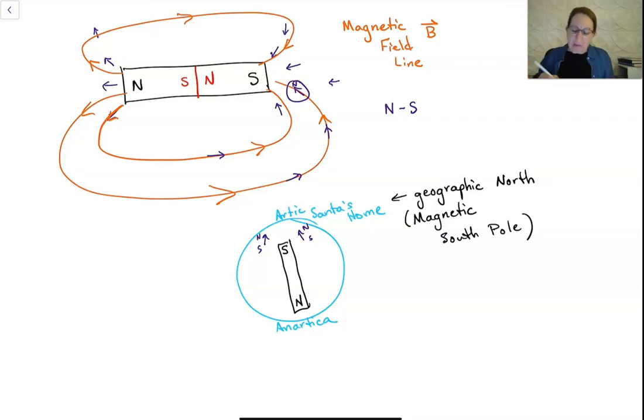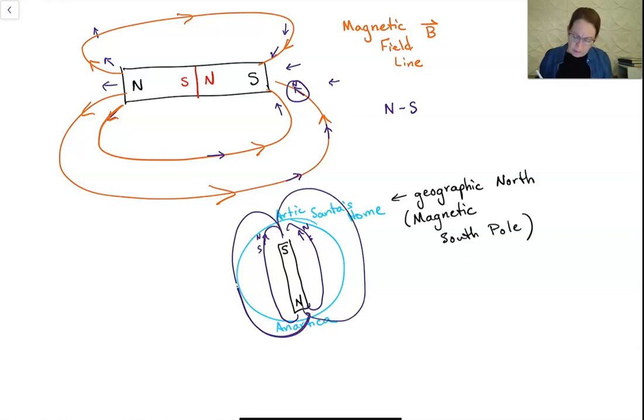Okay, and then we could draw the same field lines, which we can detect right here. They kind of go out like that, and they have some useful effects. But they have flipped.